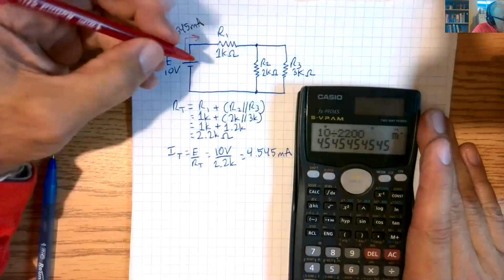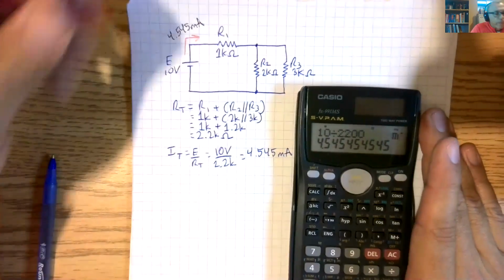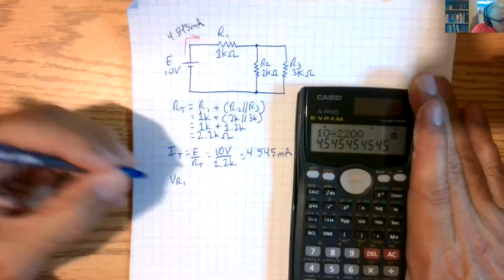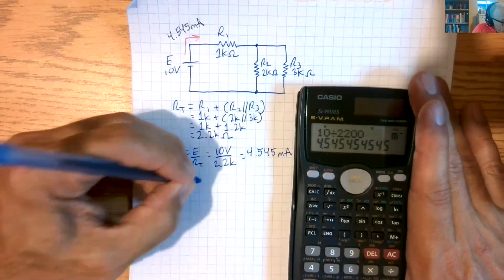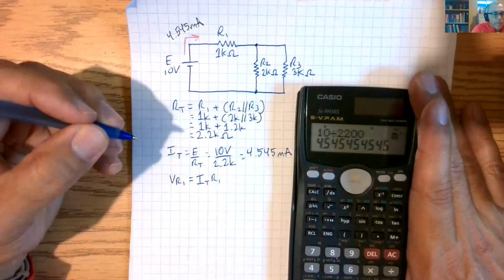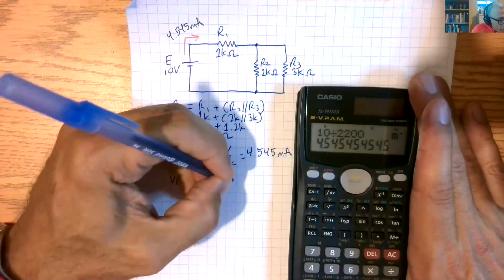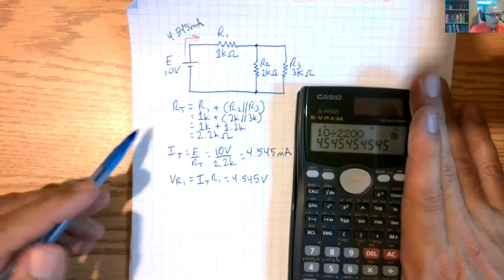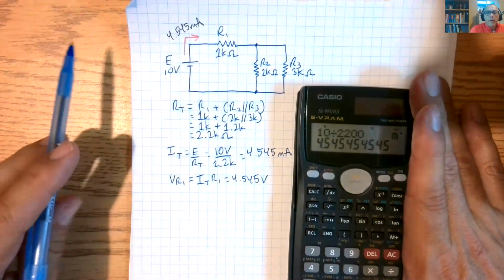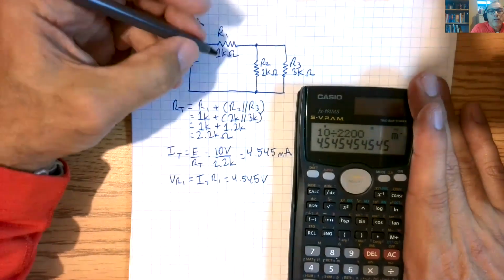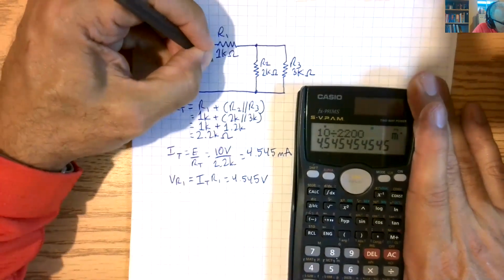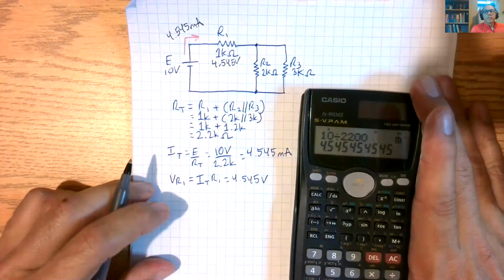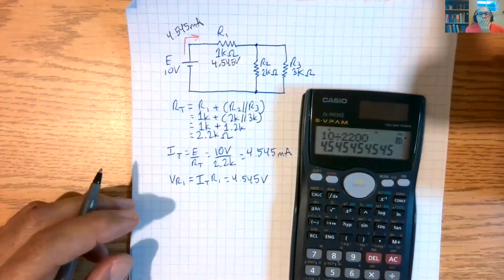Okay, nice. Now, VR1. What is VR1? Let's just do it quickly. IT times R1, which is 4.545 volts. Okay, this current going through that resistor is 4.545 volts. So let's draw that value in here. 4.545 volts. All right, that's what we have there.